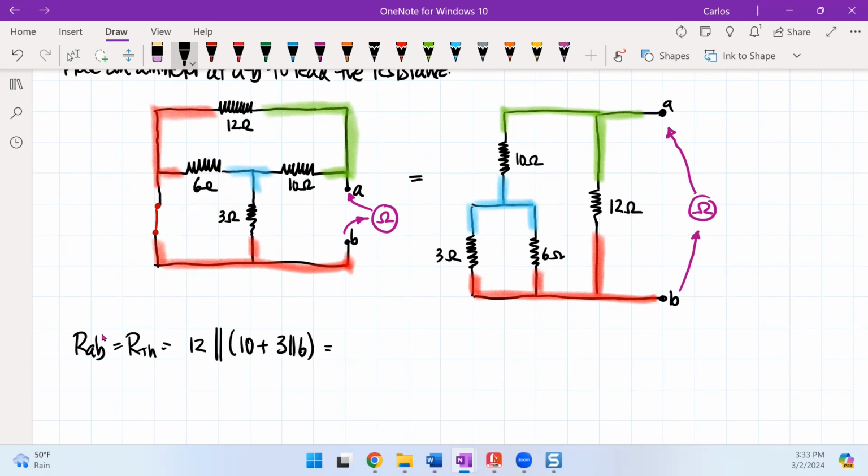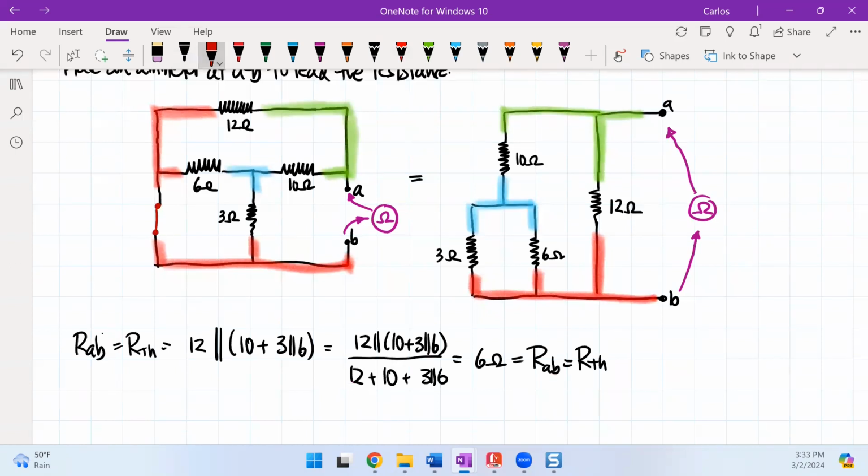So in other words, this will be 12 parallel to a combination of 10 plus 3 parallel to 6. And when you compute this, you get a 6 ohm resistor. And this right here is the Thevenin resistance.